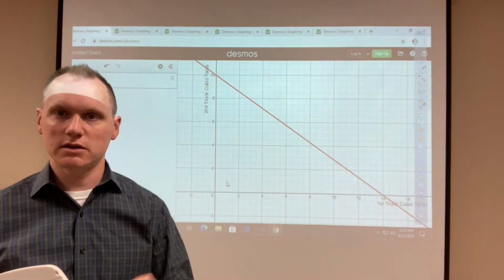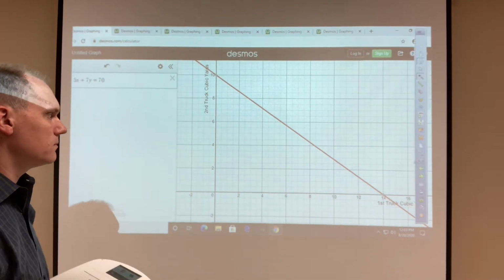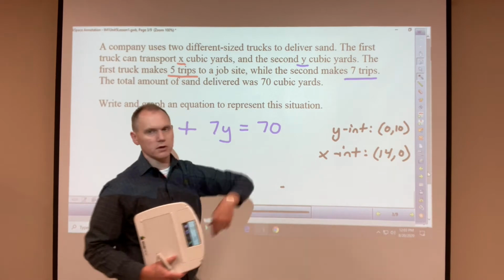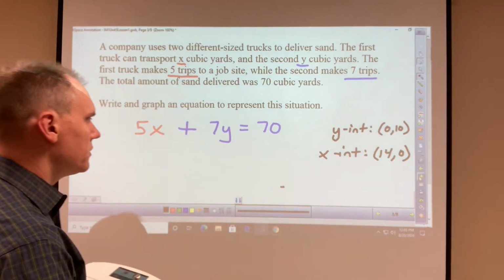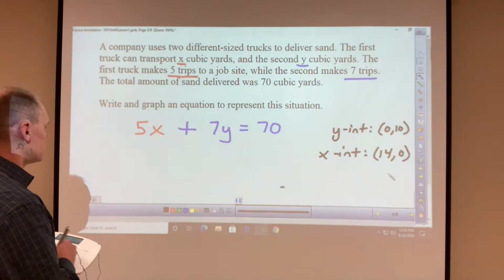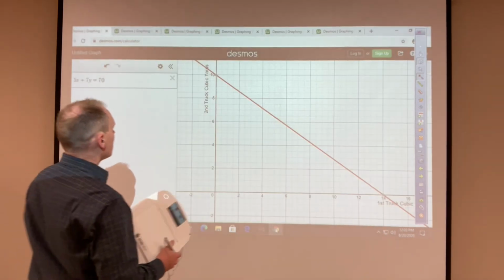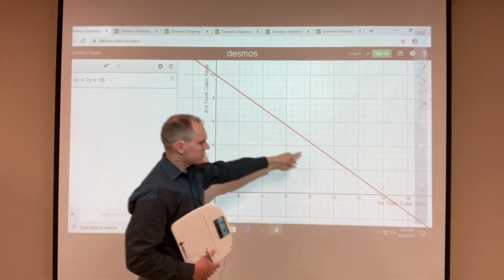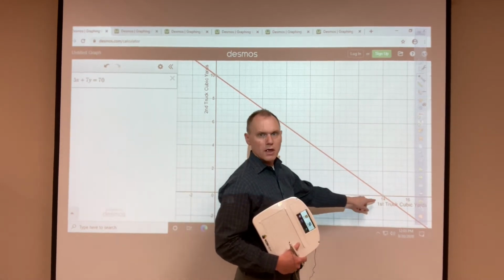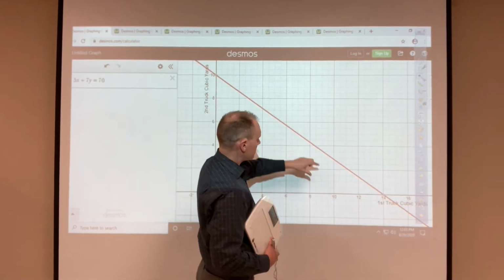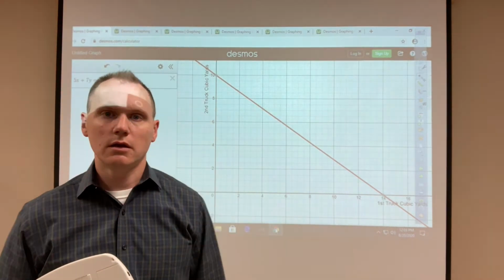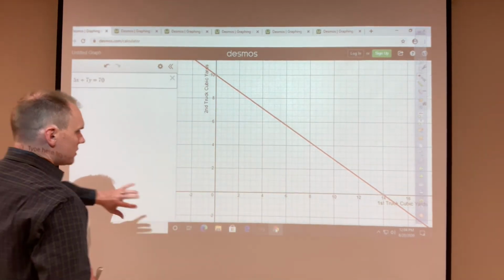All right, because that's what x and y were defined as, right? x cubic yards and y cubic yards per trip. So if you look at the graph here, there's our y-intercept, 0, 10, and our x-intercept, 14, 0. And you can just take your ruler out and connect the 2 points to create your line. All right, so that's how these are related.